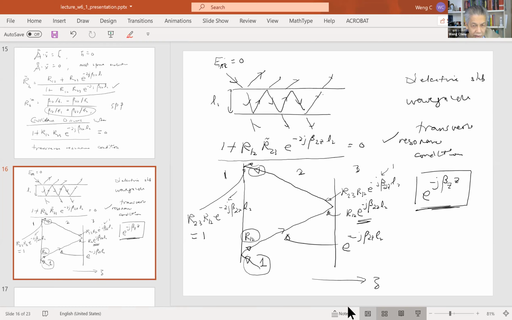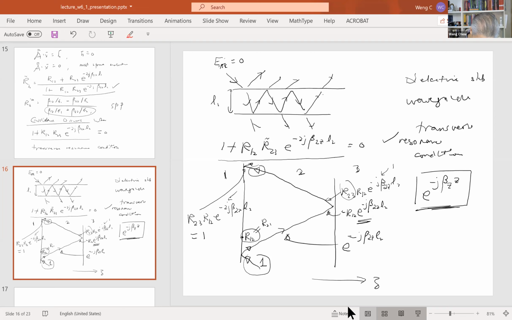If the wave is traveling, it should be 2-1. Yeah, R21. This should be R21, so it should have a minus sign here. Very good. The reflection coefficient I should use at the first interface is R21. And over here it should be R23.